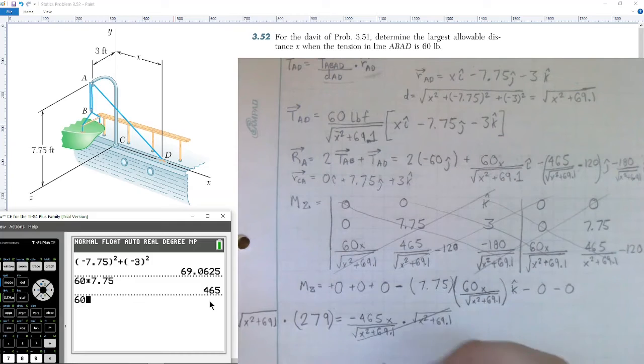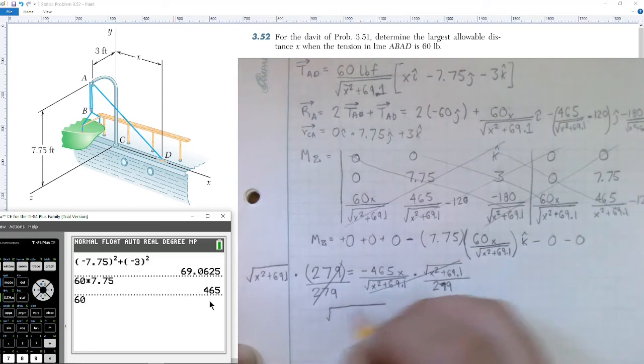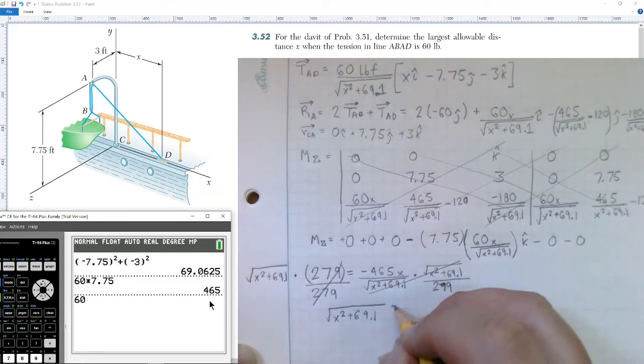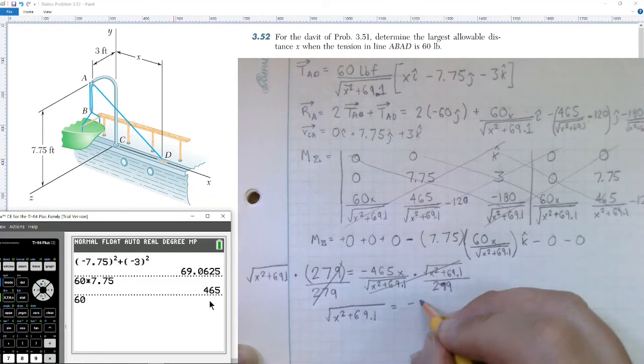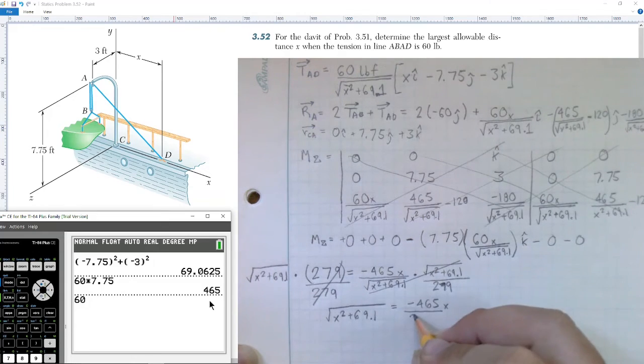We can then divide both sides by 279. So now we rewrite this. We get a value of the square root of x squared plus 69.1 is equal to negative 465x divided by 279.